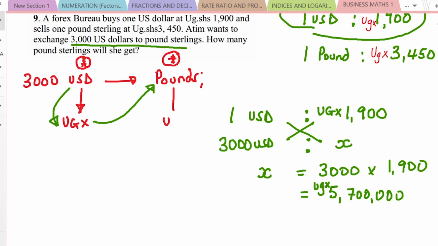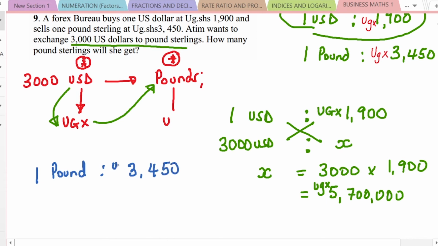Now that we have converted it to Uganda shillings, let's convert it to pounds, because the question wants us to exchange the money from dollars to pounds. So we know that £1 is equivalent to 3,450 Uganda shillings. So how much will 5.7 million Uganda shillings be equivalent to in pounds?